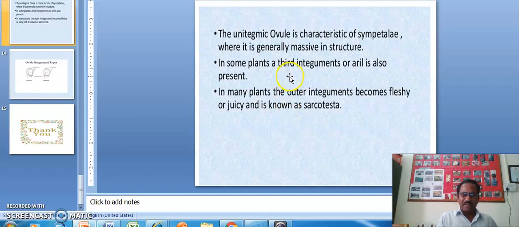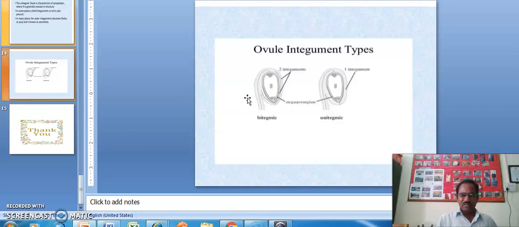In some plants, a third integument or aril is also present. In many plants, the outer integument becomes fleshy or juicy and is known as a sarcotesta.